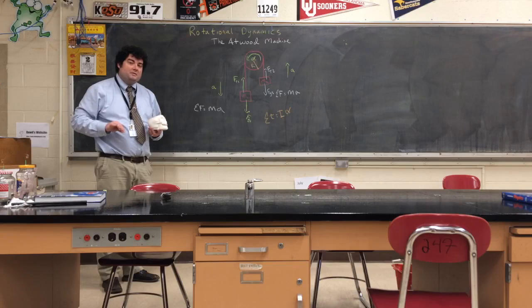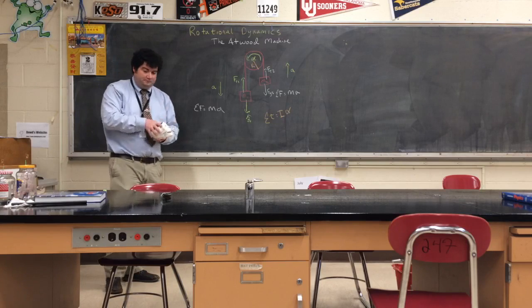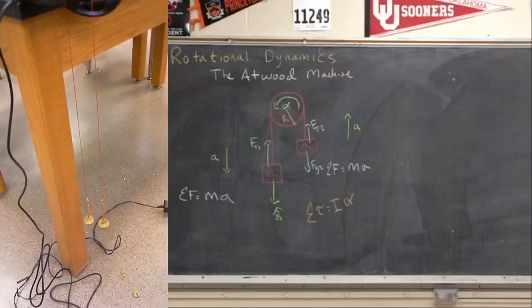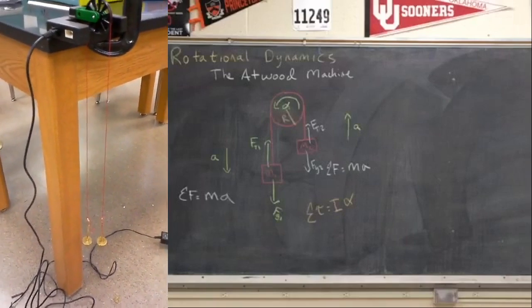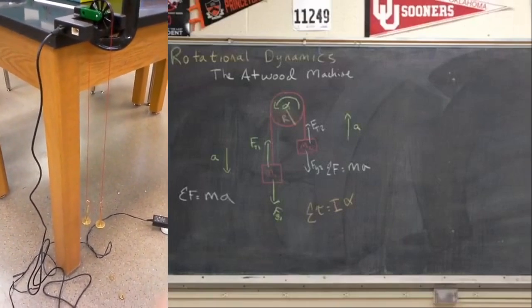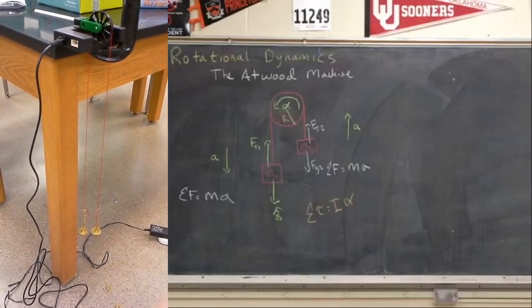So let's do an experiment where we take all of these into account. We actually could get a really surprising result from the experiment, a measurement for the value of the acceleration of gravity. Let's take a look. The Atwood machine nowadays in physics class is mostly used for an experiment to measure the acceleration of gravity.